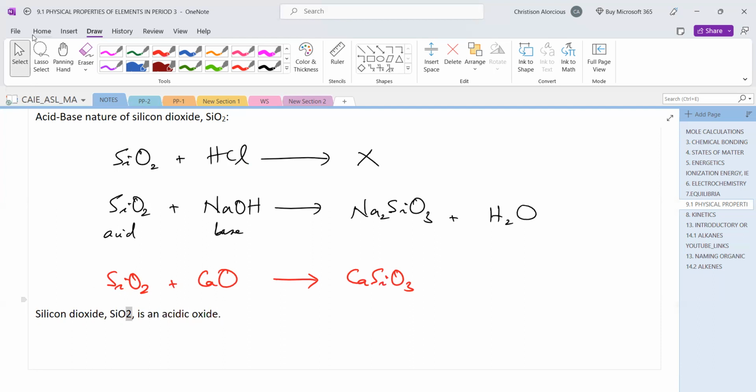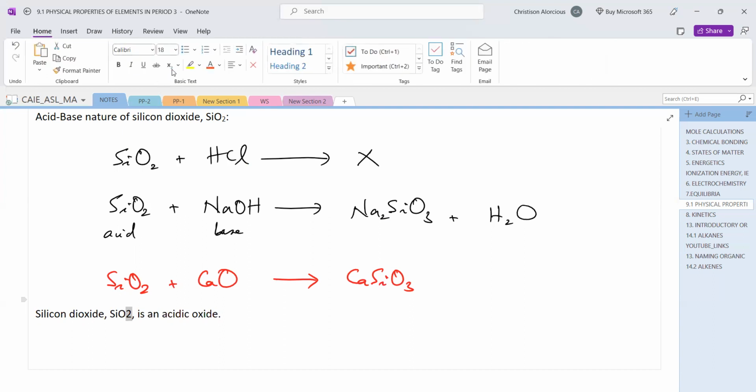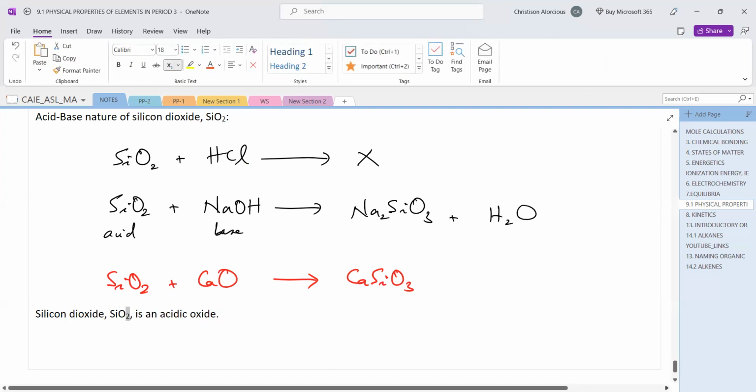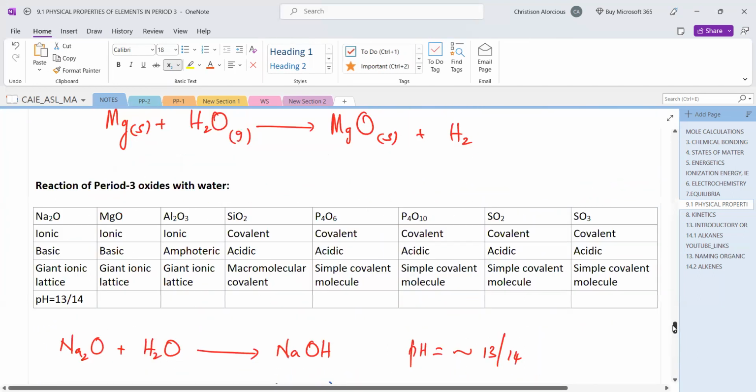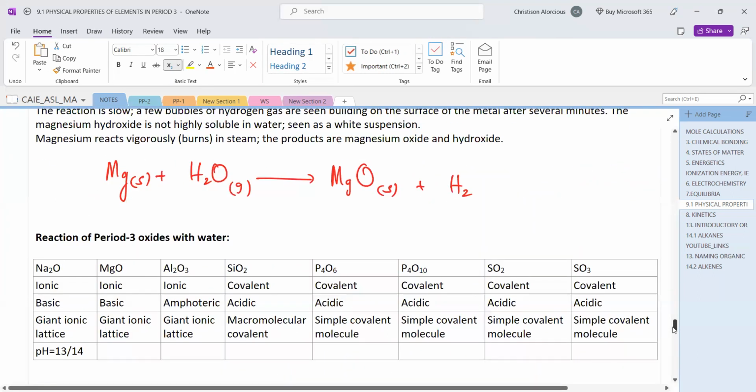Now, drawing your attention to our discussion earlier as to how bonding affects the basic or acidic nature of the oxide. Let's say you start with sodium oxide. It's strongly basic, and it's also a strongly ionic compound.